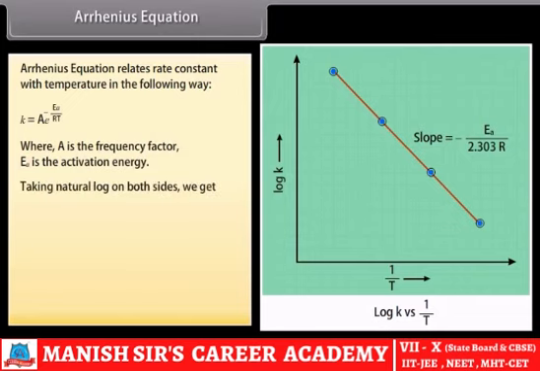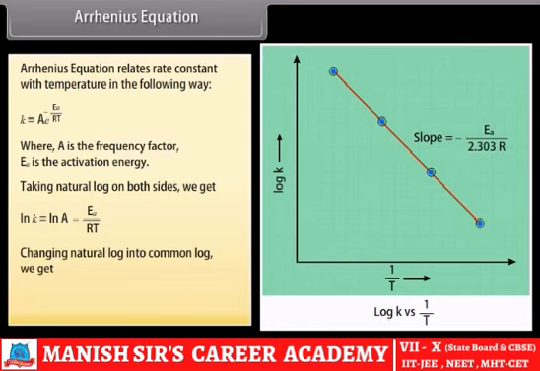Taking natural log on both sides, we get ln k = ln A - Ea/RT. Changing natural log into common log, we get log k = log A - Ea/2.303RT.